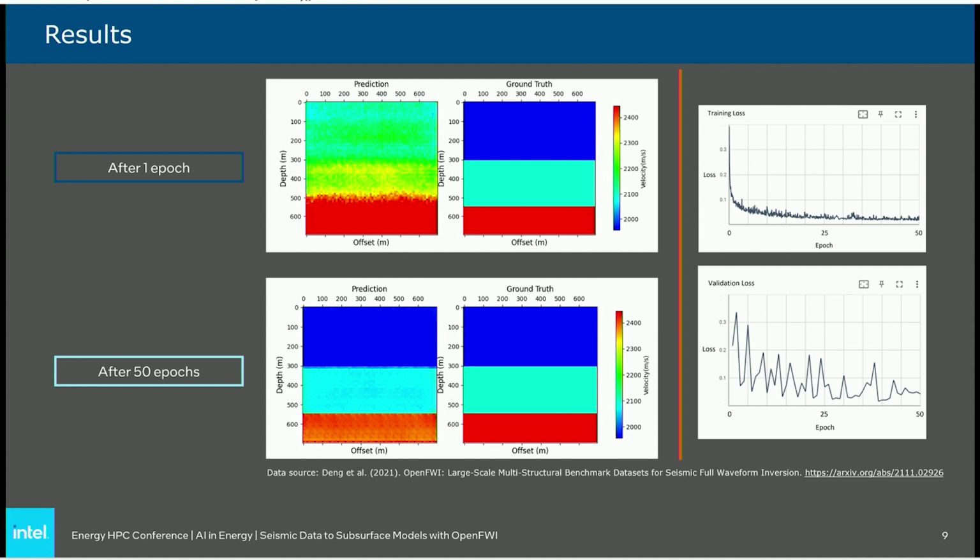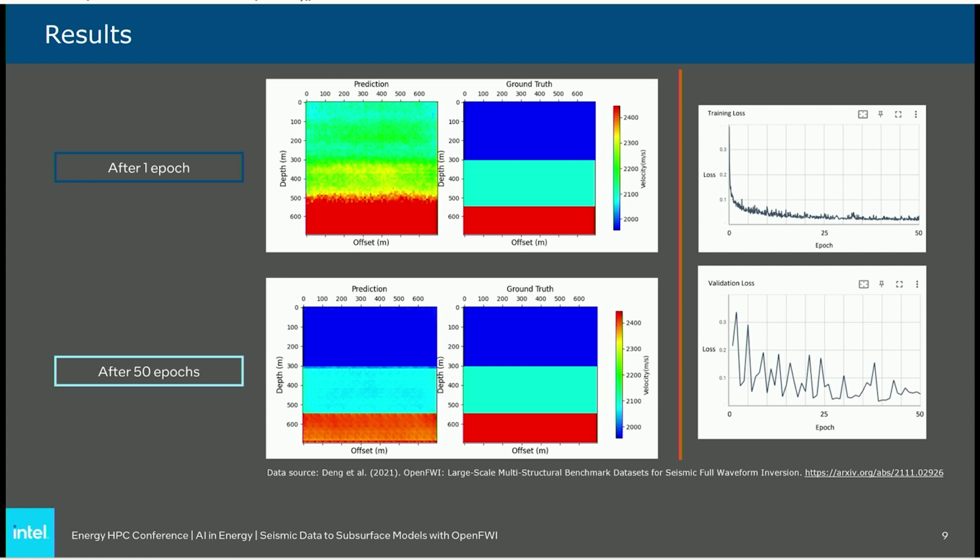So I wanted to get into the results that I got with this small, simple experiment with a simple velocity model. They have much more complicated ones as well, but I wanted to demonstrate to myself that I could do this fine-tuning on a CPU and that I could get a decent result. On the top here, I have after one epoch, after the neural network's trained just a little bit, the prediction on the left is not super accurate.